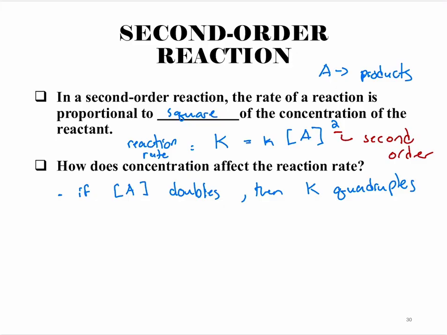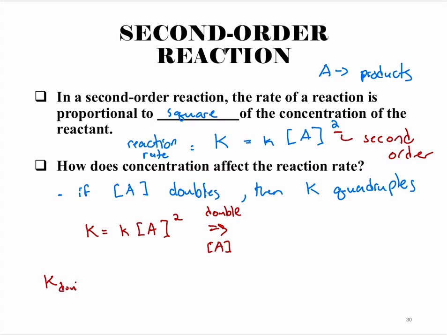And so we can see that if we write K is equal to lowercase k times A squared, and we double the concentration of A, that means we're going to replace the concentration of A with 2 times the concentration of A. And we want to see how that affects the overall reaction rate.